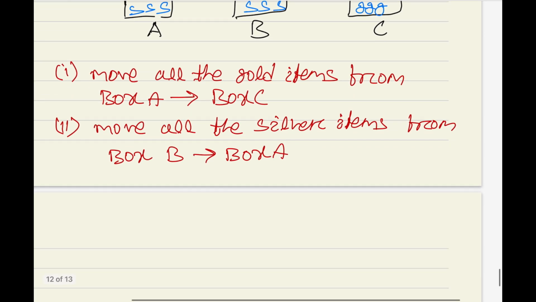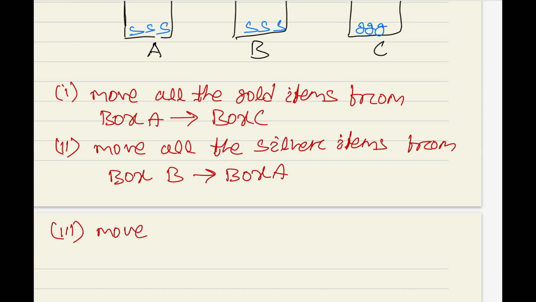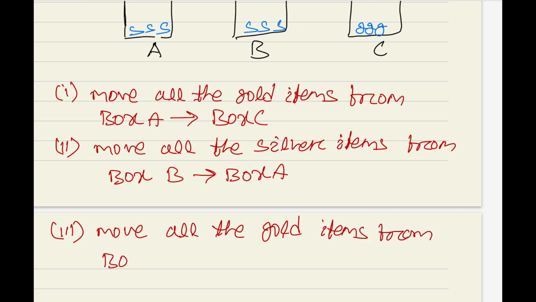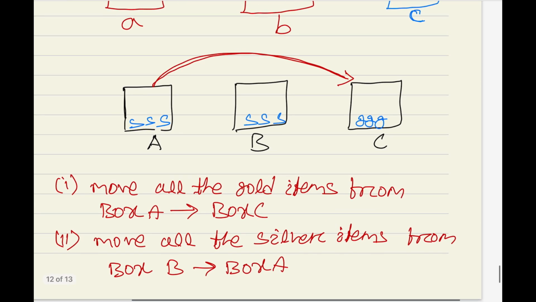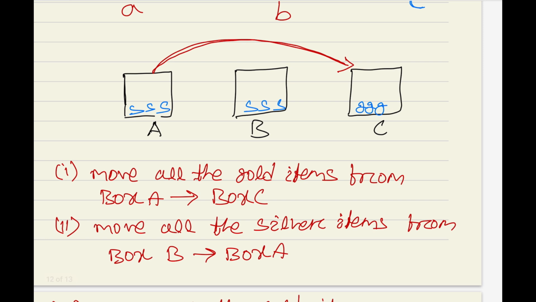Then in the next step we can write: move all the gold items from box C to box B. Here, if we use the arrow marks like this, this is step 2 and this one is step 3.